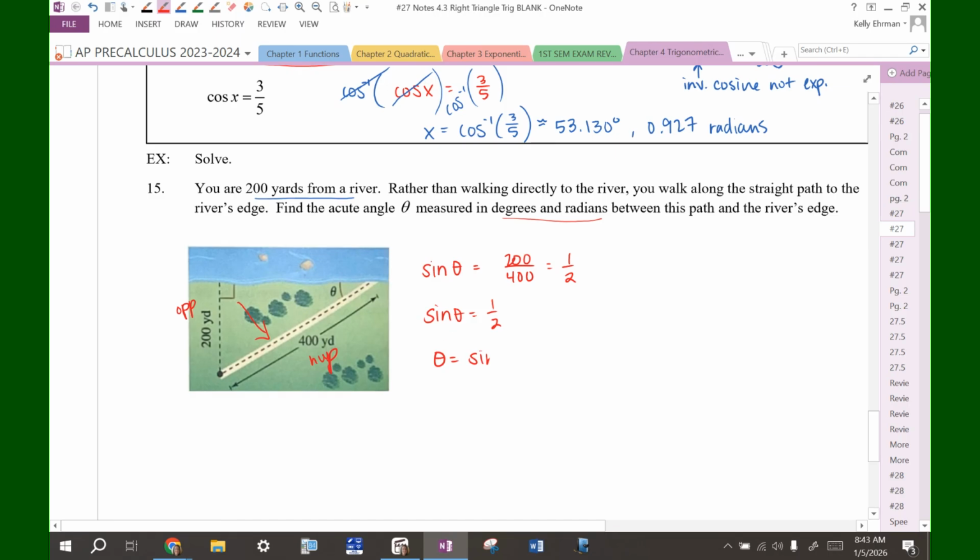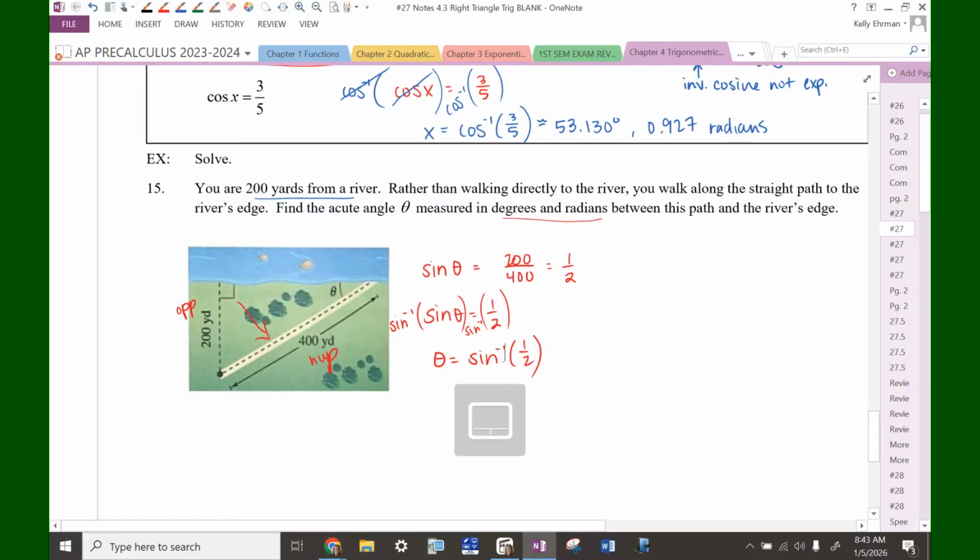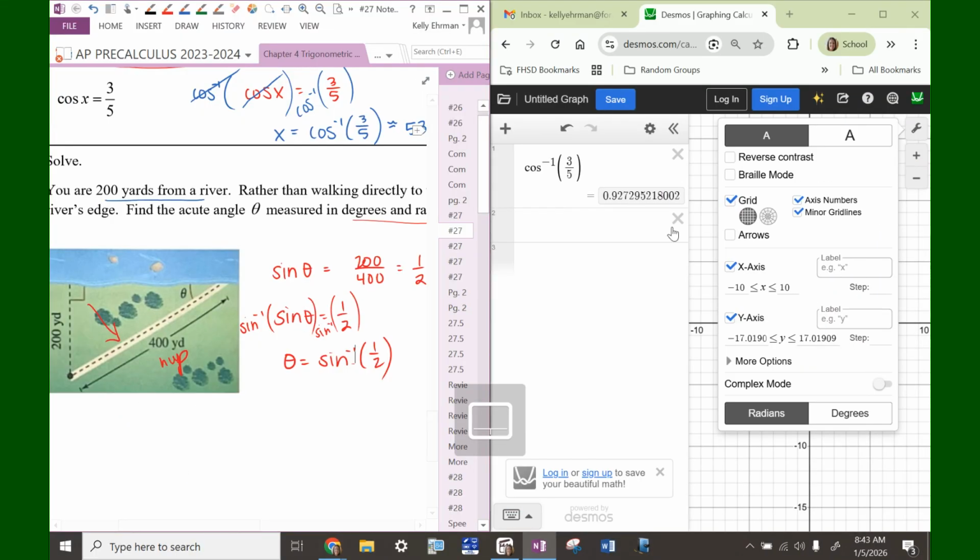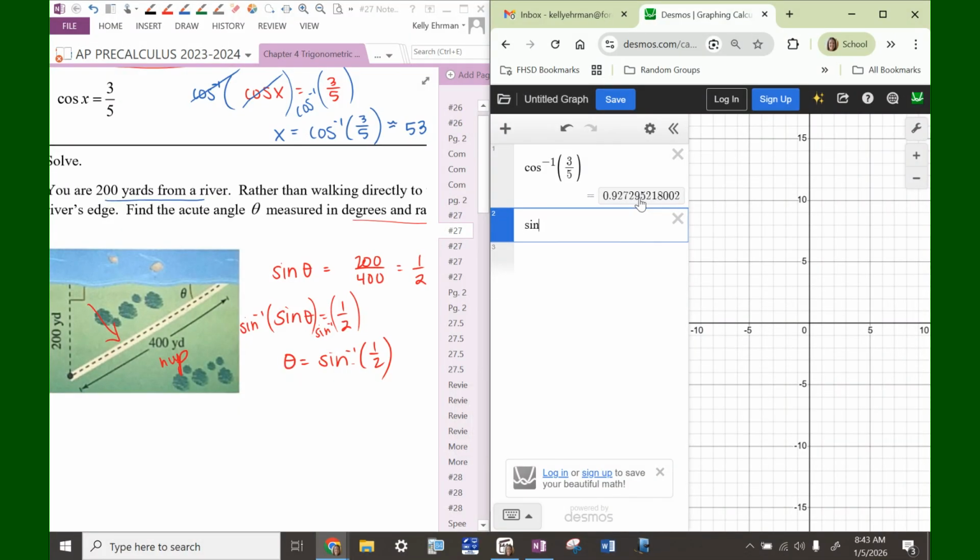Theta equals the inverse sine of 1/2. What you're technically doing is taking the inverse sine of both sides. I don't normally show that, but sometimes it's kind of nice to know that that's what we're doing for maybe some AP questions. So sine inverse of 1/2.